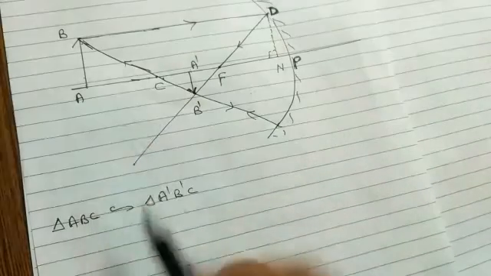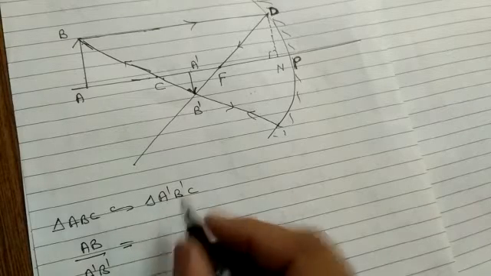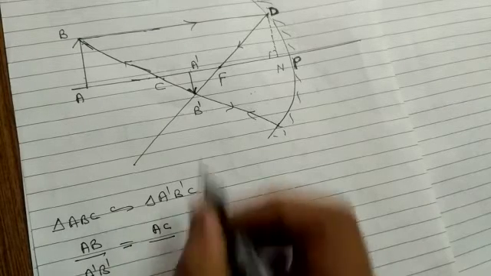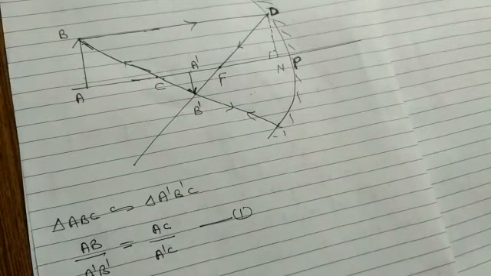Or in short we can write AB upon A dash B dash equals AC upon A dash C. That is the first equation.